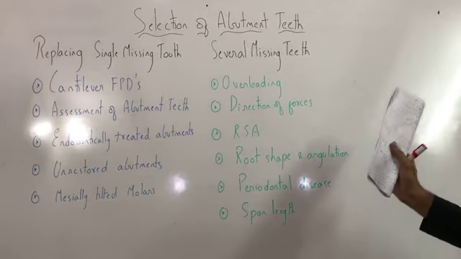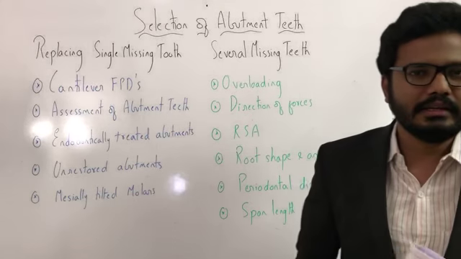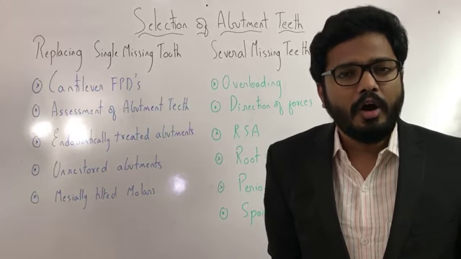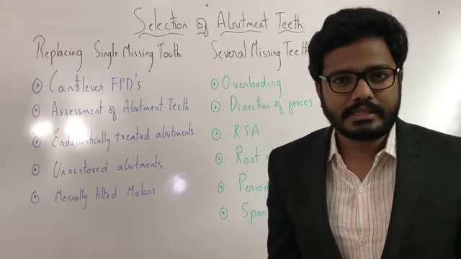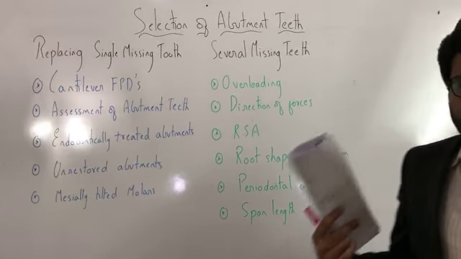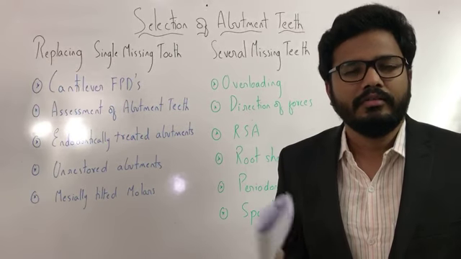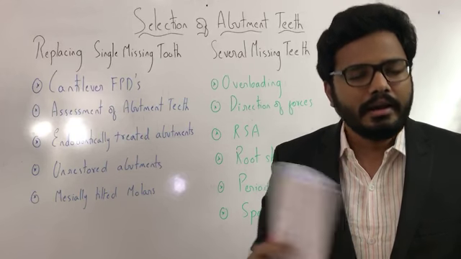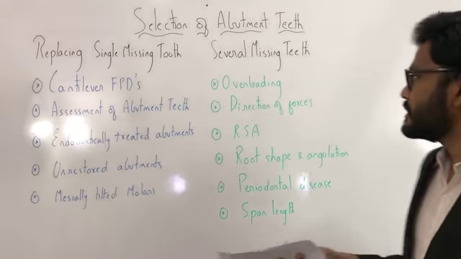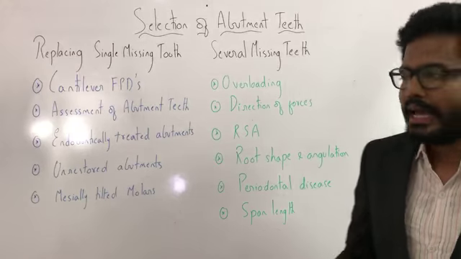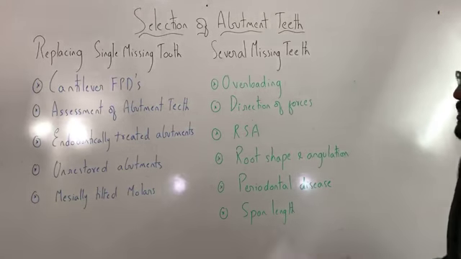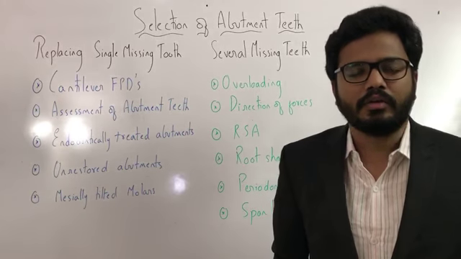And in case of replacing several missing teeth, there can be overload on the existing abutment teeth. Also we need to give special consideration when treating patients with parafunctional habits like clenching or bruxing, where there can be abnormal forces acting. And the direction of forces is important, as we discussed just now.